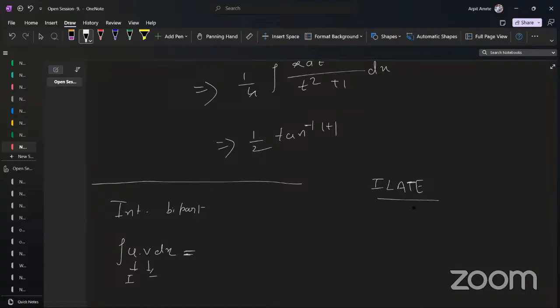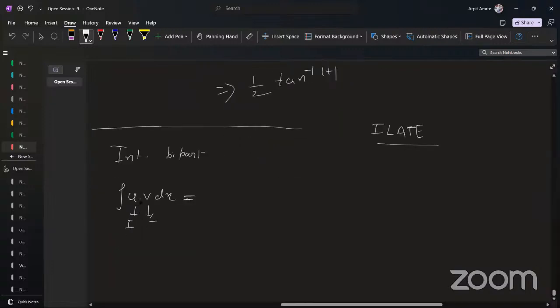So I will explain what that is. Suppose you have two functions u and v. You have to decide which one will be your first function and which one will be your second function.